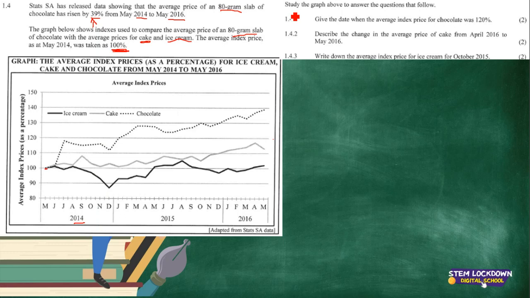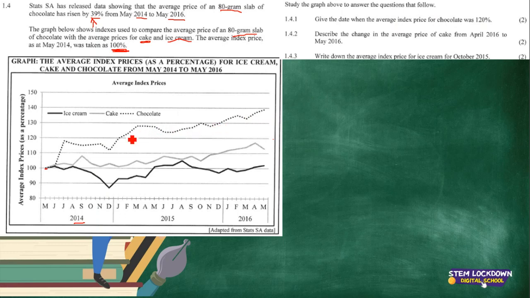The first question says, study the graph above to answer the questions that follow. The first one is, give the date, which in this case refers to month and year, when the average index price for chocolate was 120%. So you need to identify chocolate. There's our chocolate graph.